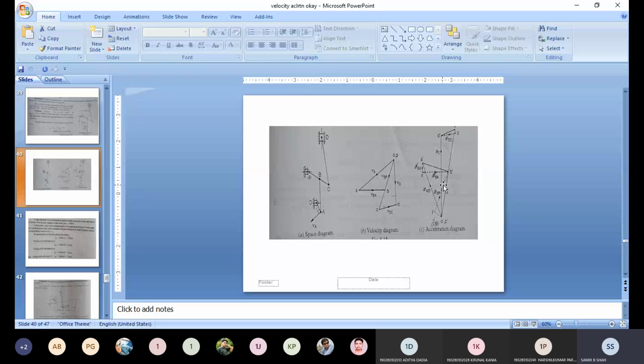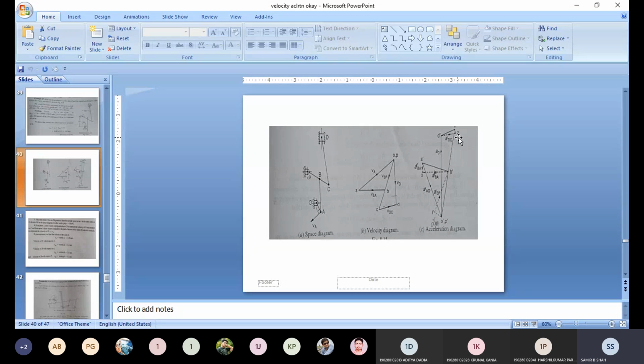Now draw C dash Z, which is parallel to CD, to represent the radial component of the acceleration of D with respect to C. The CD radial part is equal to 2.2 meter per second square.